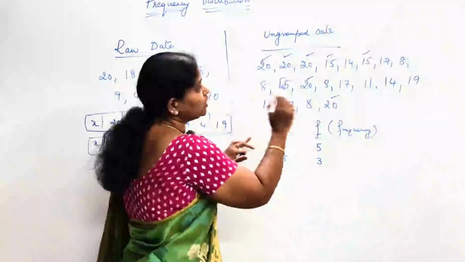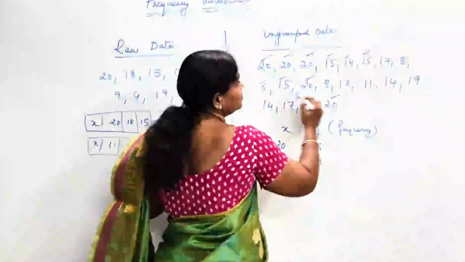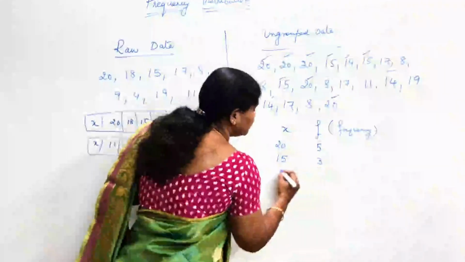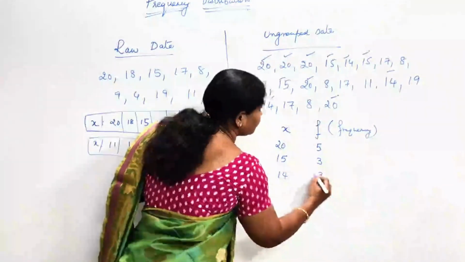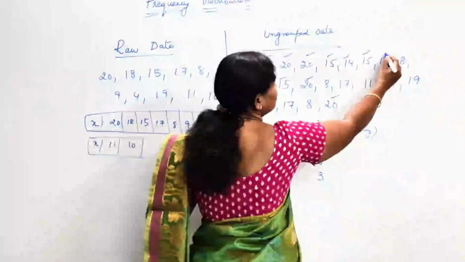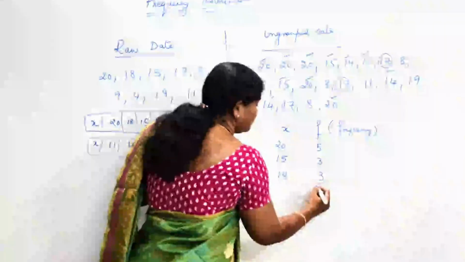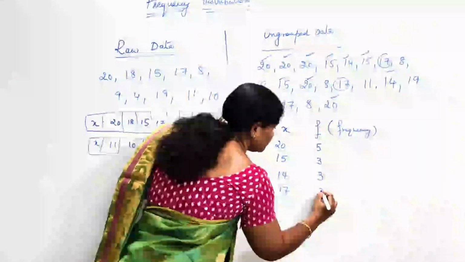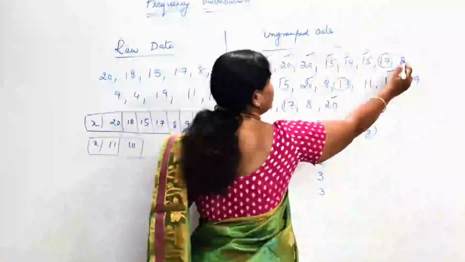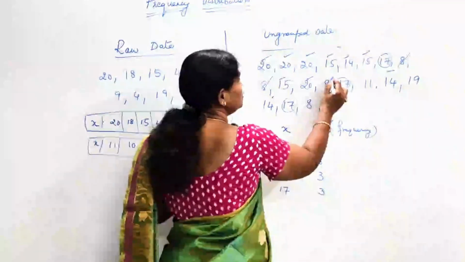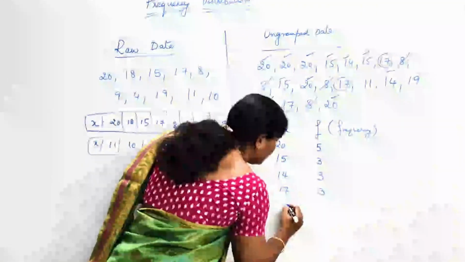Next is 14, repeating 3 times. Next is 17, repeating 3 times. Next is 8, repeating 4 times.